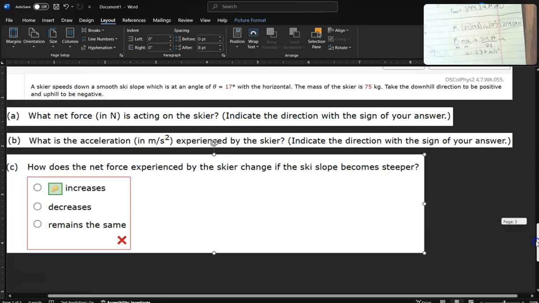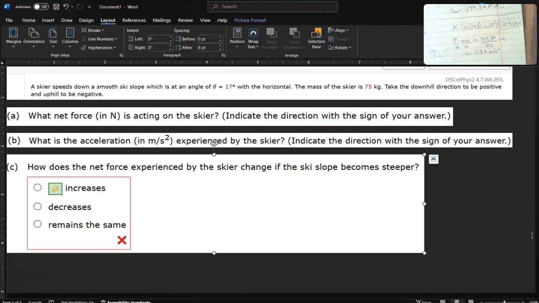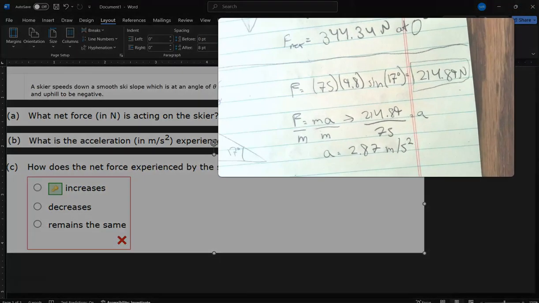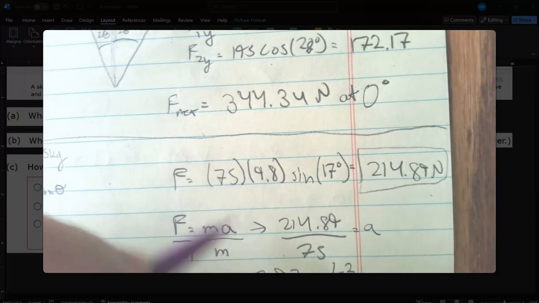All right. So the final question says, how does the net force experienced by a skier change if the ski slope becomes steeper? If your ski slope becomes steeper, that means you're going to be going faster and accelerating faster. So that means your net force is going to increase. And you can tell that by looking at the equations here.